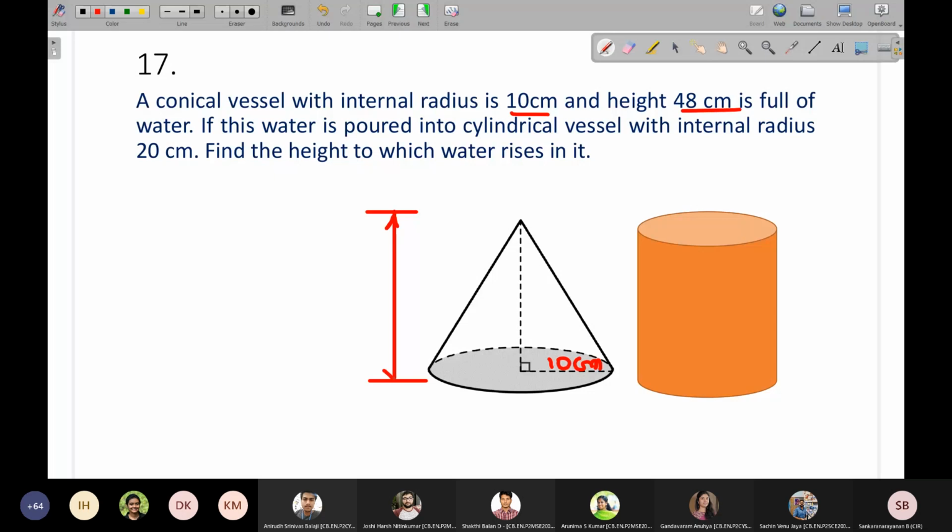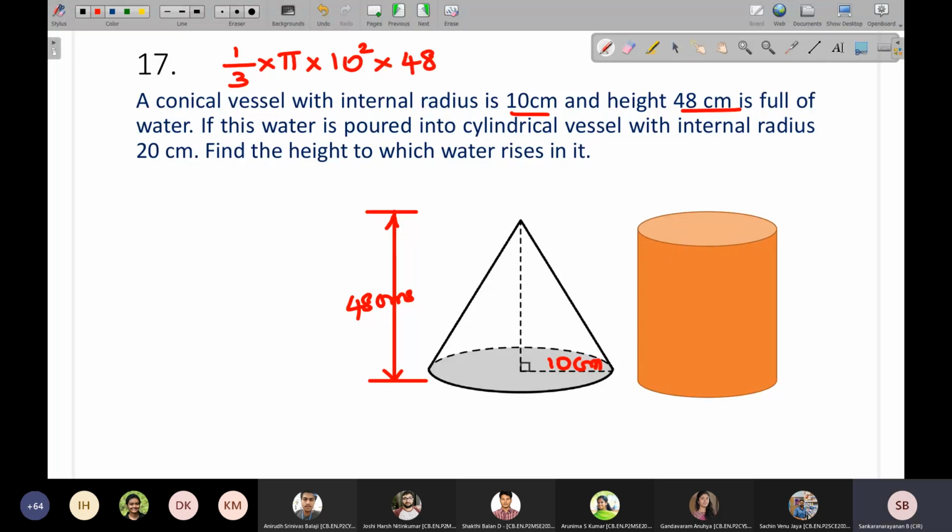We can see that it is filled with water. So the volume of the water inside this conical vessel corresponds to 1/3 pi r square h, that is 10 square into 48. So this is the volume of the water.